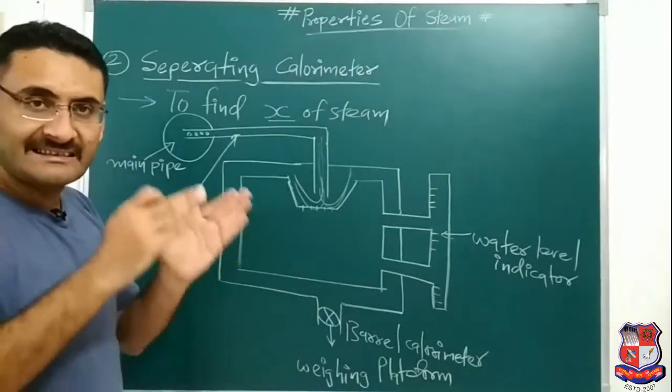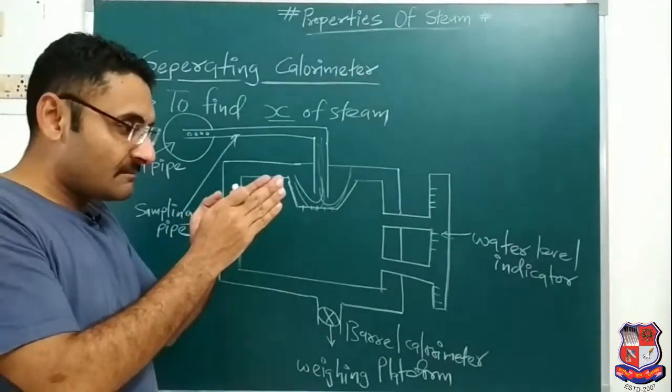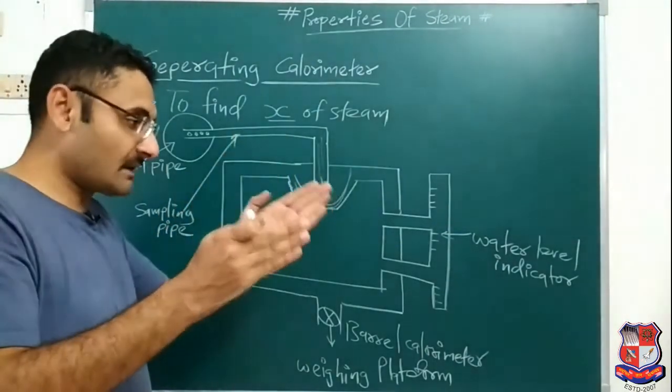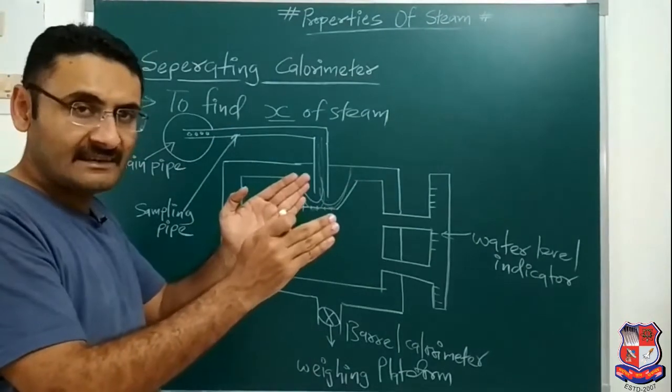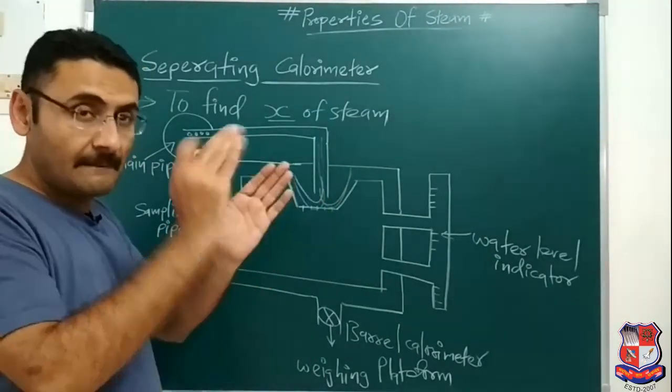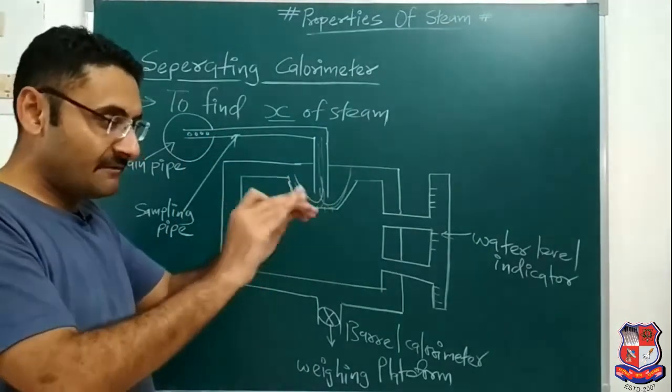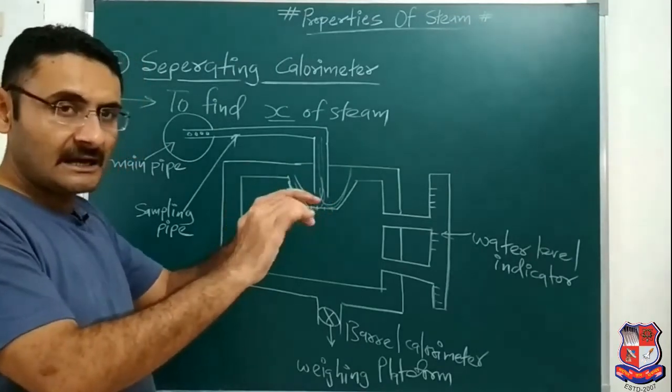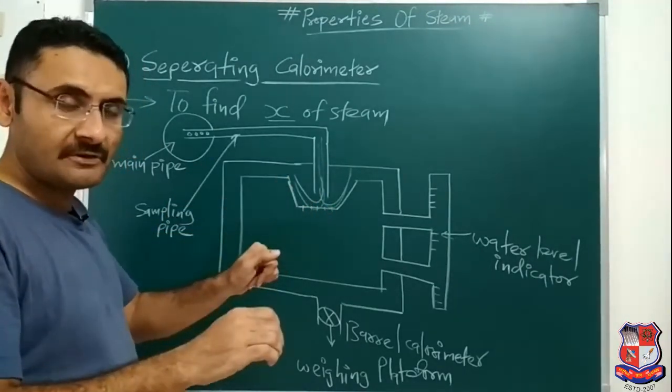Water has a different density, vapor has a different density. So due to the density difference, water and vapor particles are separated. How are they separated due to density difference?